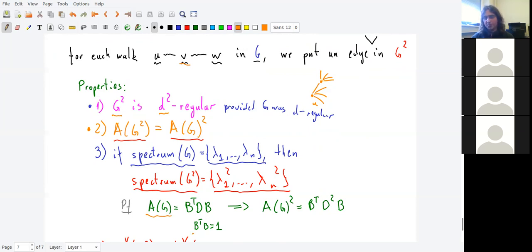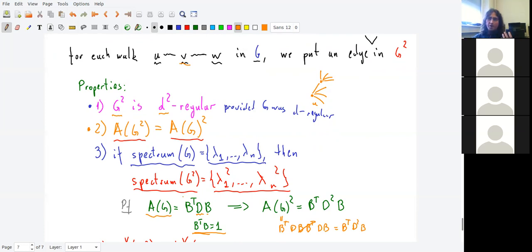There is an orthonormal matrix B such that you can write A as B transpose, then a diagonal matrix D, and B. Then A square is B transpose DB, again B transpose DB. The middle cancels out and you get B transpose D square B. So squaring the matrix in this orthonormal form just amounts to squaring every entry of the diagonal.